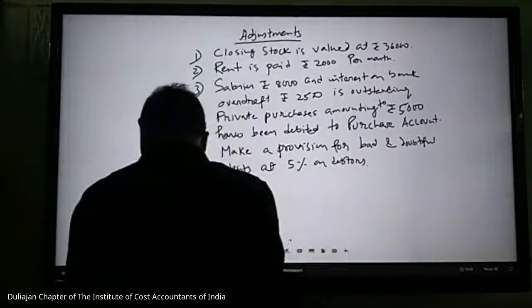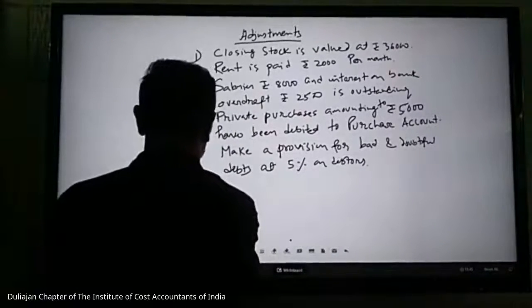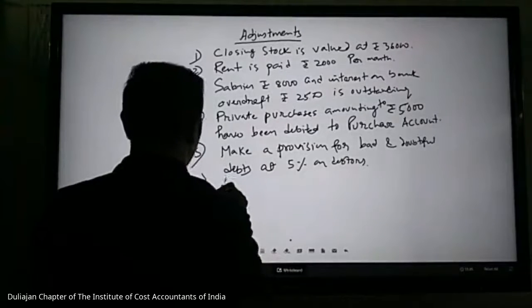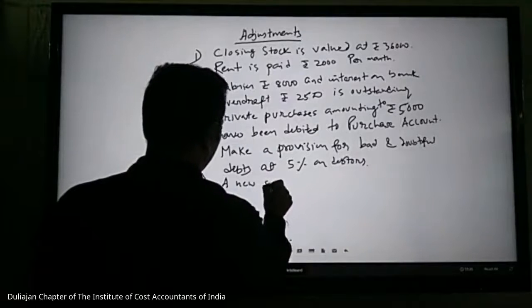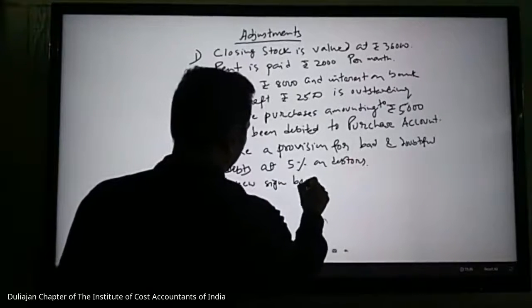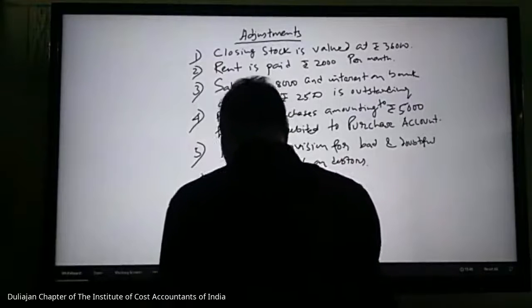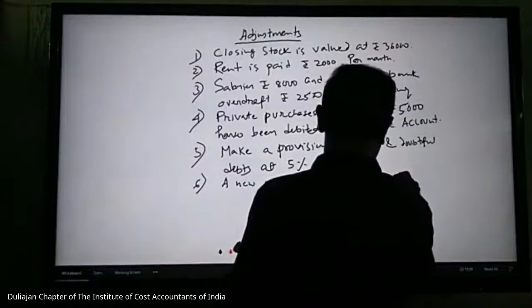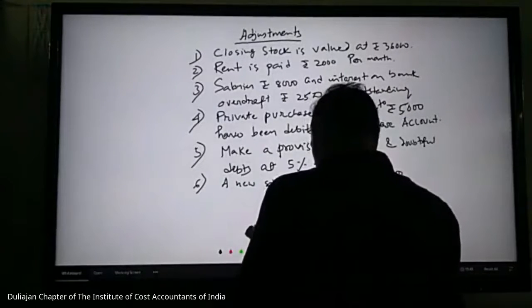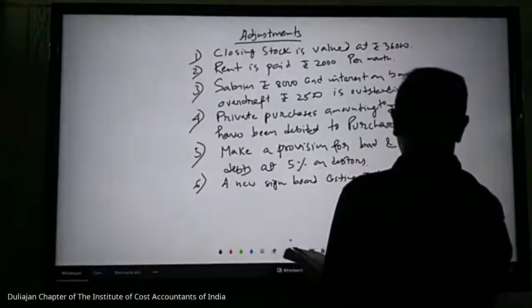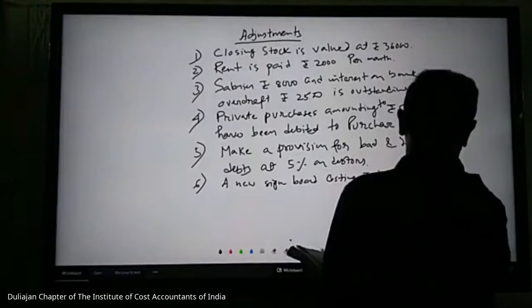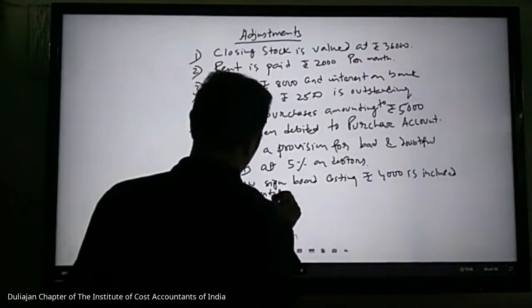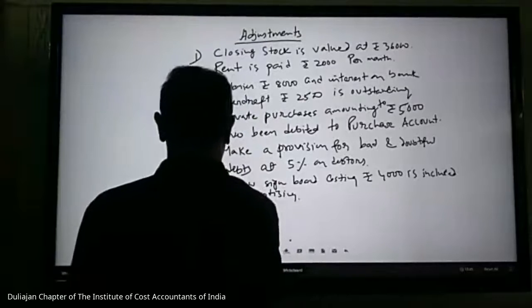Number six, a new signboard costing rupees 4,000 is included in advertising.